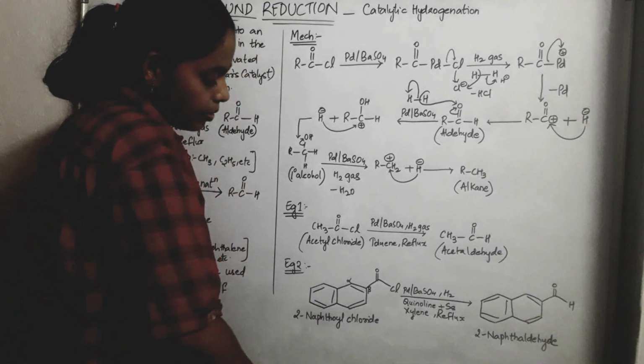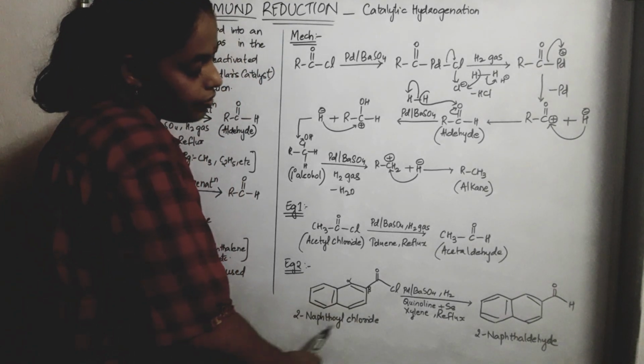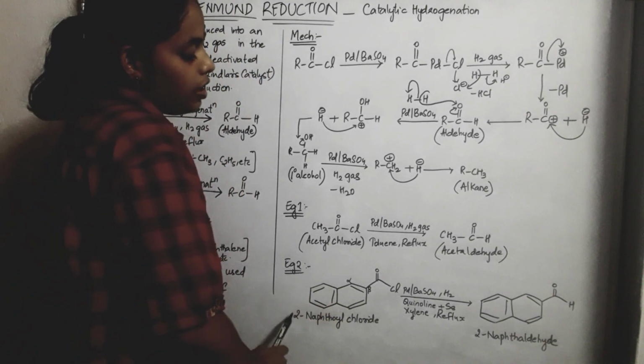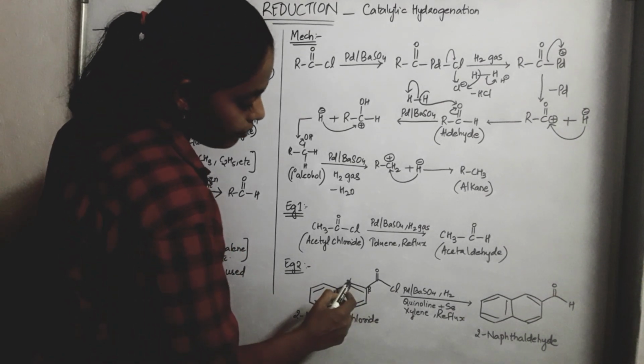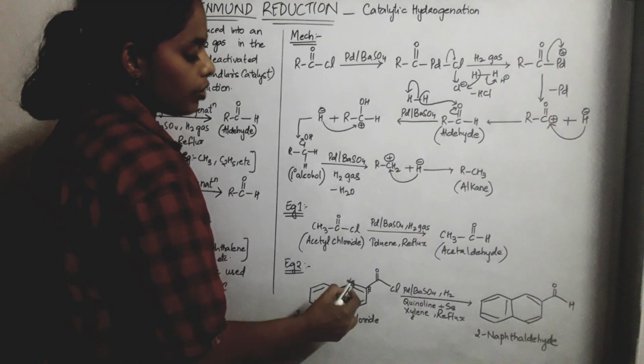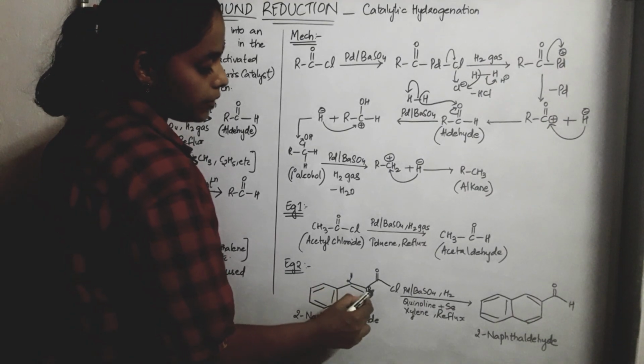Now in the second example, you will see the usage of an aromatic compound, which is naphthalene. So the whole compound is called naphthoyl chloride, and this is alpha, beta, you can even say beta naphthoyl chloride, or this is position 1 and this is 2.